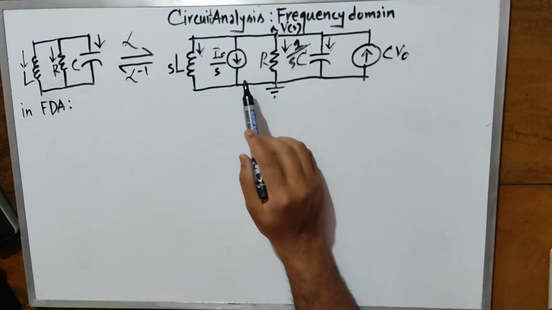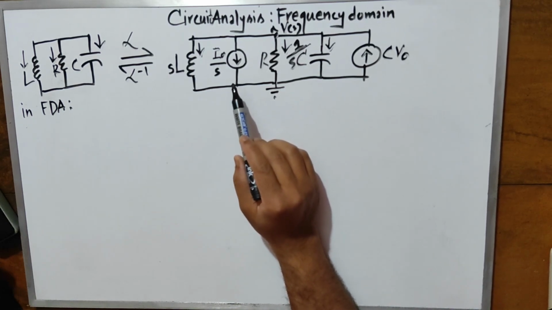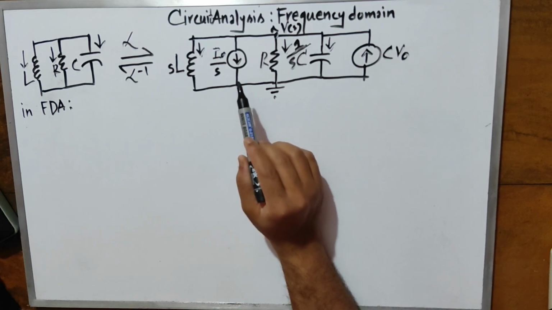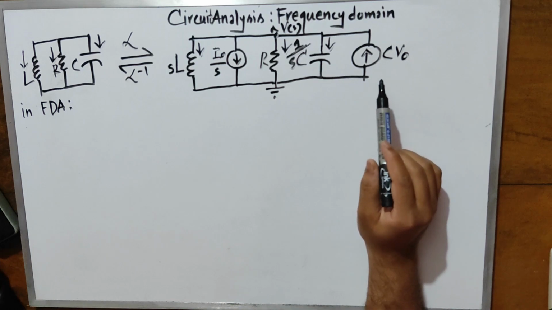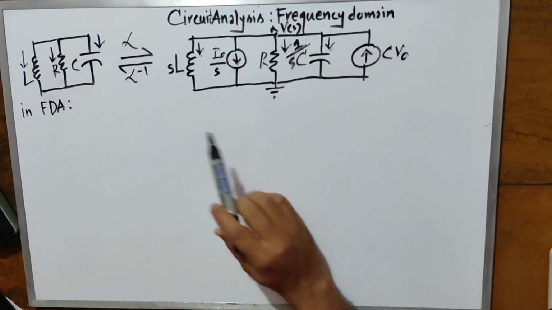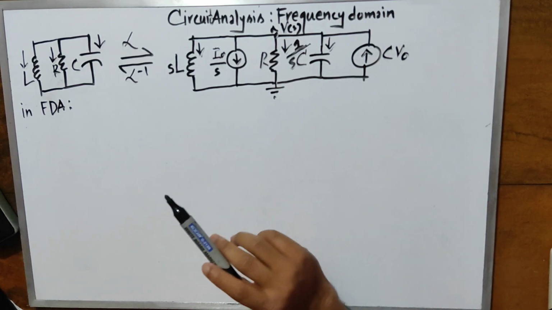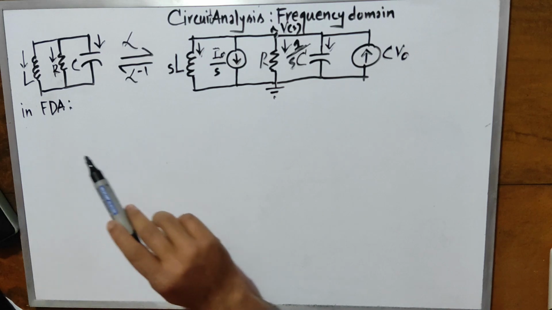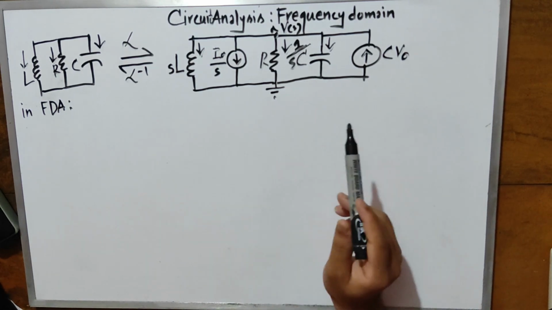I have used the current source analogy for the assumed initial current through the inductor and initial voltage across the capacitor. After the Laplace transform, the system of R, L and C with initial conditions looks like this.